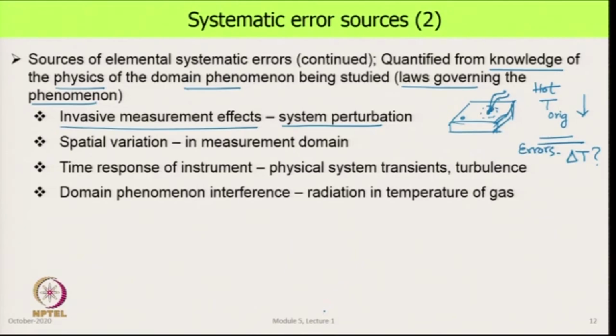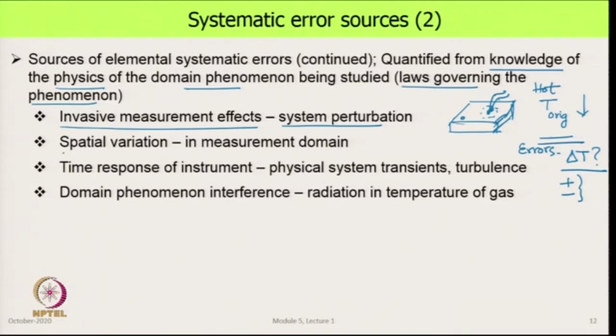And that can say that look, we introduced this much error because of this invasive effect, and as we see here, it could be either positive or negative, but not both. It is not a random error, it causes error in one direction only. So, that is one example. Anytime there is an invasive measurement, this is an issue. We have to worry about it.